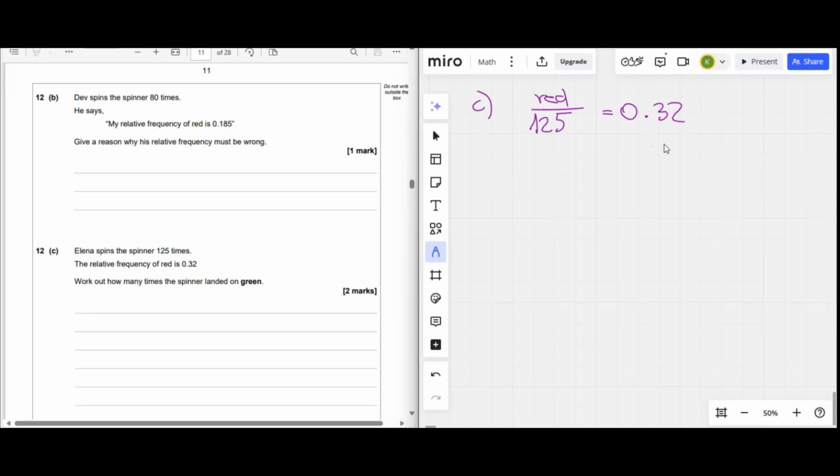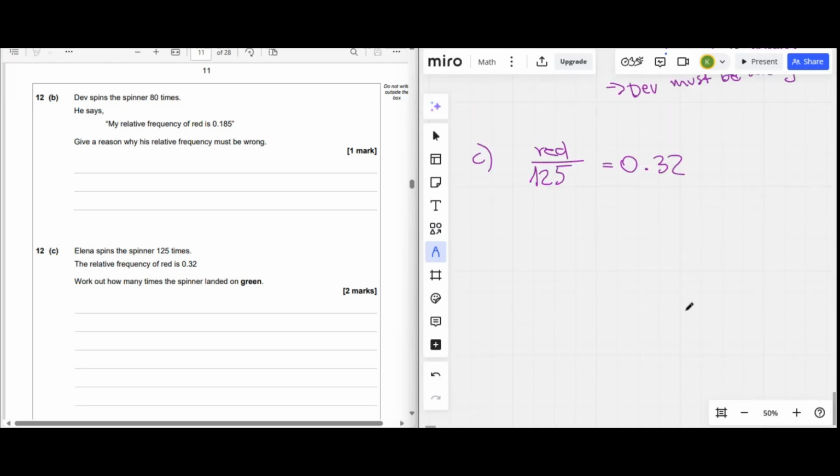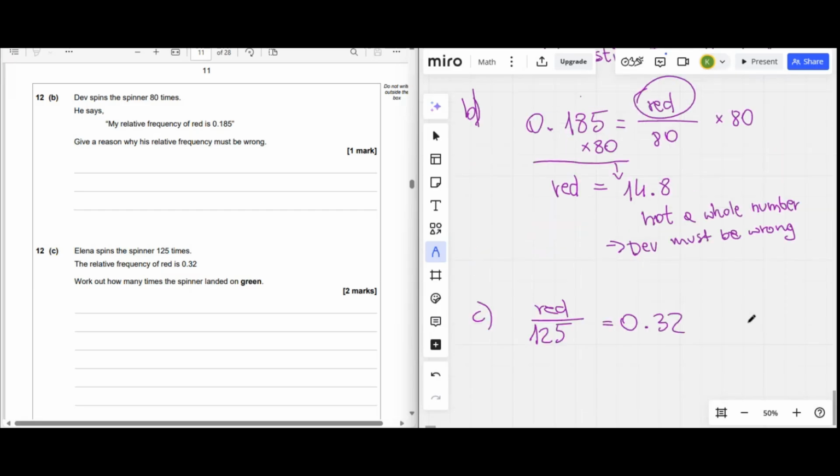Okay, let's find the red. Should we find the red? Yeah, we should find the red. Okay, how to find the red? Similar to the other one. 0.32 times 125? Yes.